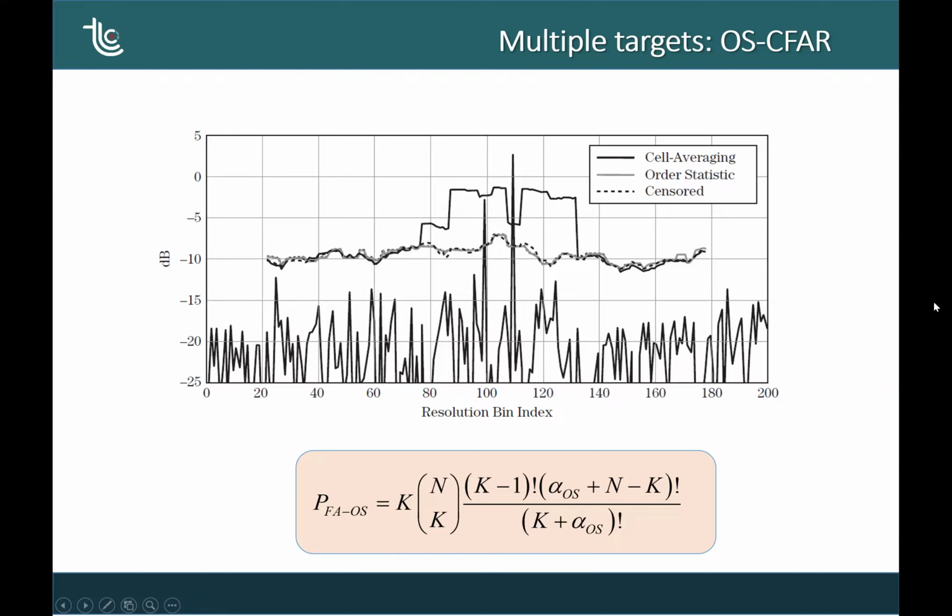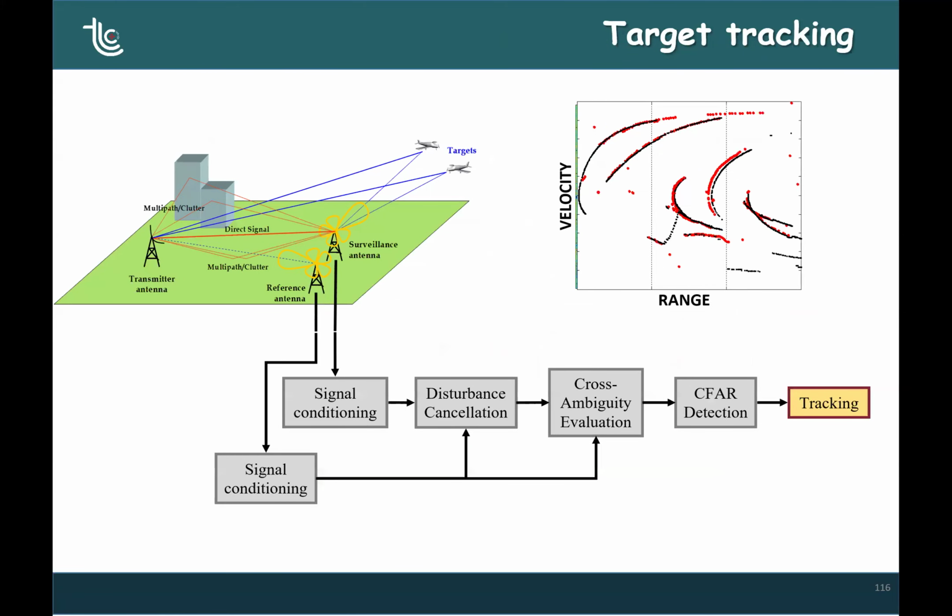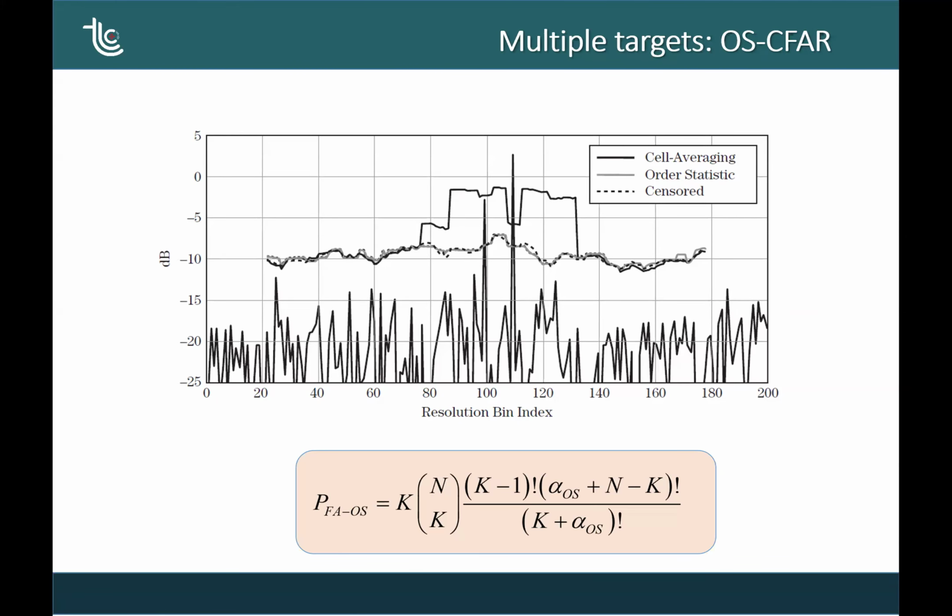So in this way, we mitigate the effect of mutual masking of the strong target on the other target. Okay. Now, we have finished all the principal CFAR algorithms, the main algorithms that are used in detection for passive radar on the range-velocity map.